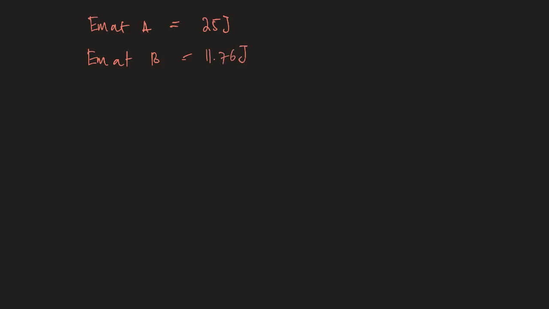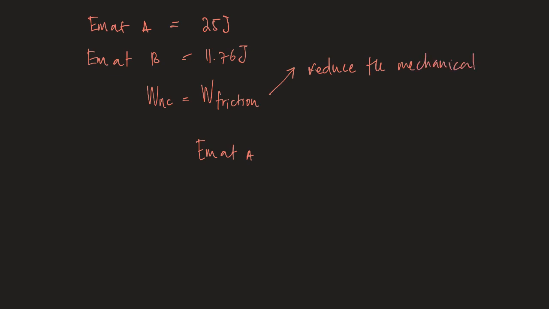You also know that you had work non-conservative, and that was just going to be work done by friction, right? I also know that if I have my mechanical energy at A and I have friction, it will reduce the mechanical energy.